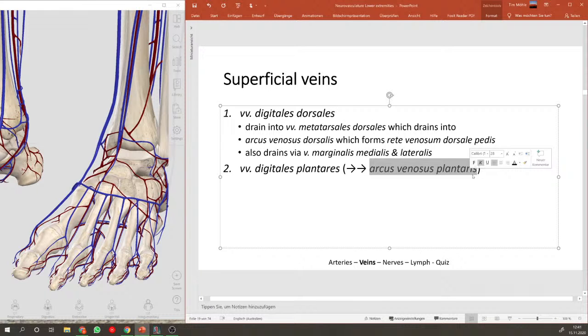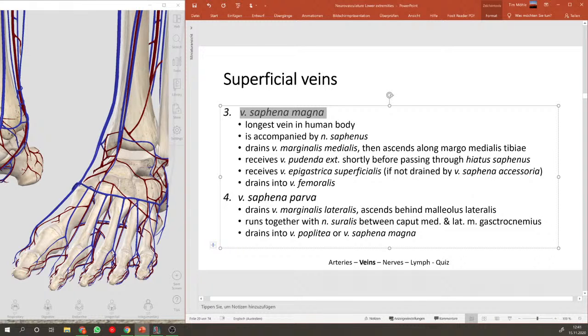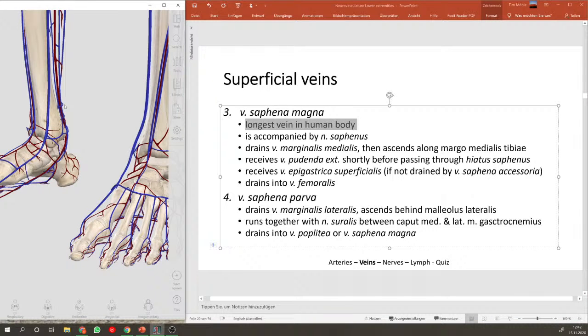Now, vena saphena magna is actually the longest vein in the human body. Let me show you its full extent. It is this one here. You can see it really goes from the foot all the way up. It's just one vein, and it's really huge. So it's also interesting for us clinically.